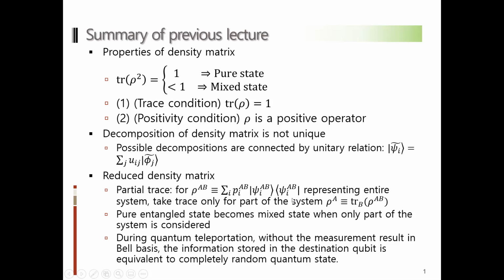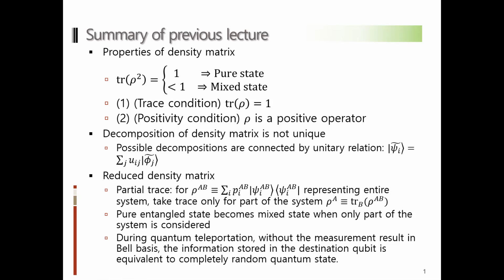Calculating the reduced density matrix allows us to tell whether some state is entangled or not. In today's lecture and the next lecture, I will continue to introduce ways to tell whether a given state is entangled or not.